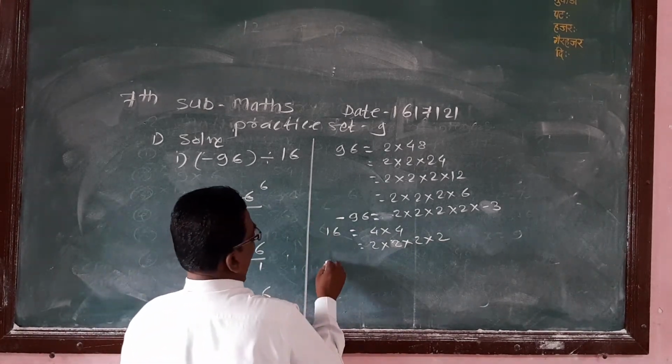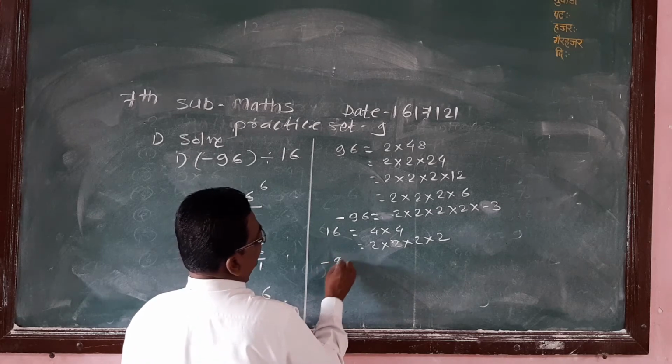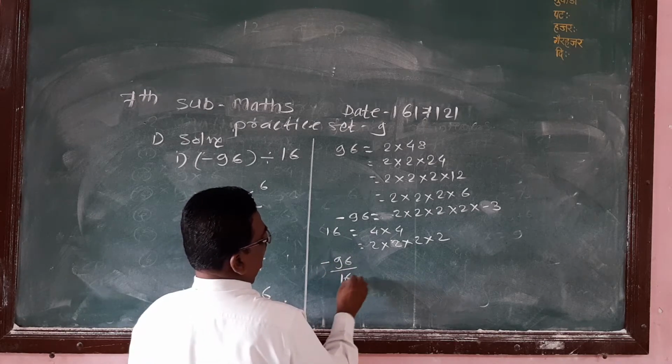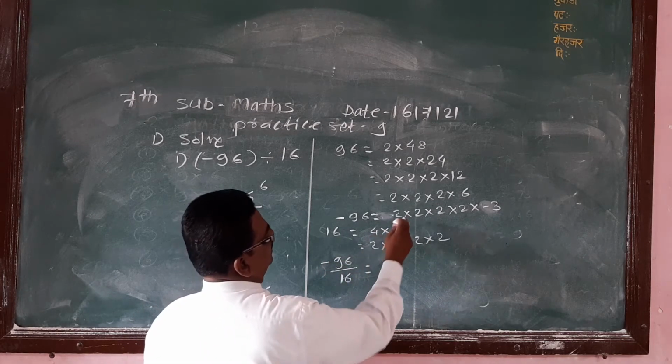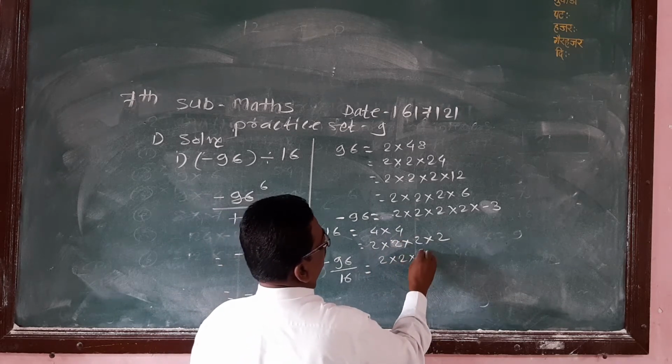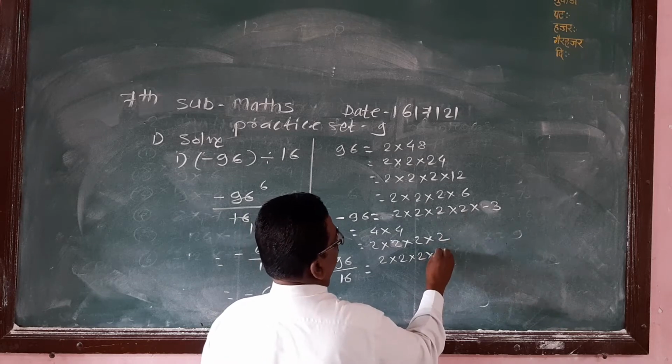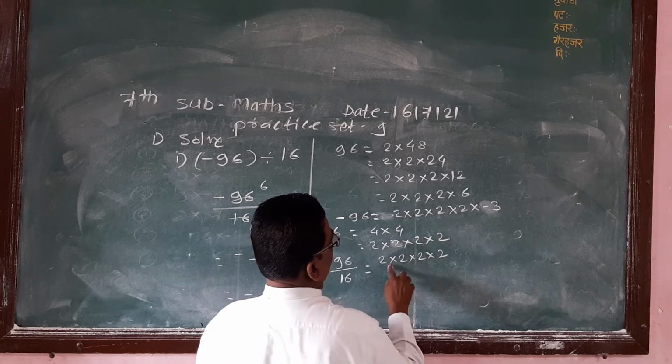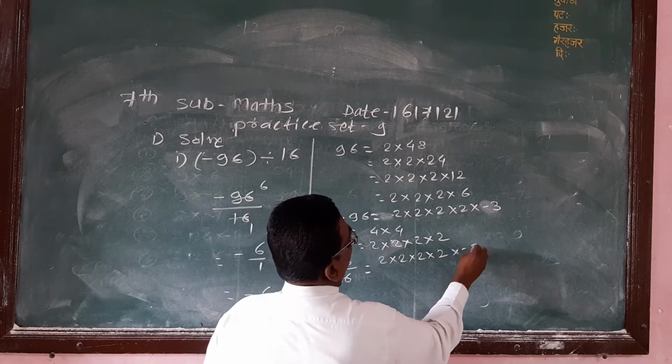So -96 upon 60 is equal to 2 into 2 into 2 into 2 into 2 into -3.